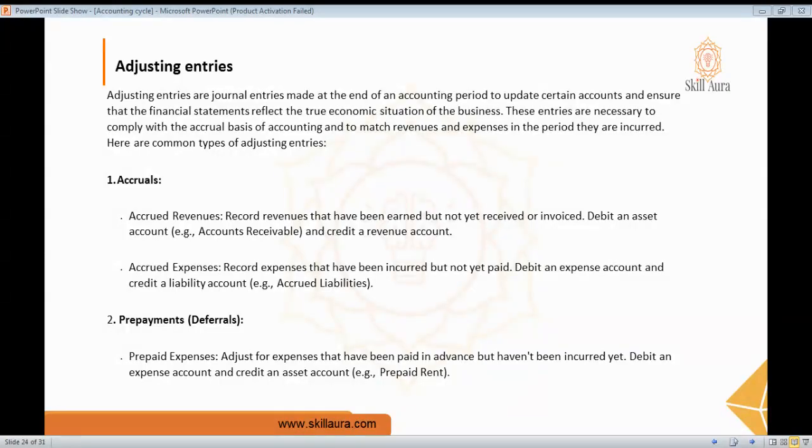And when it is accrual expenses, you record expenses that have been incurred but not yet paid, and at that time the expenses account will be debited and the liability account will be credited.